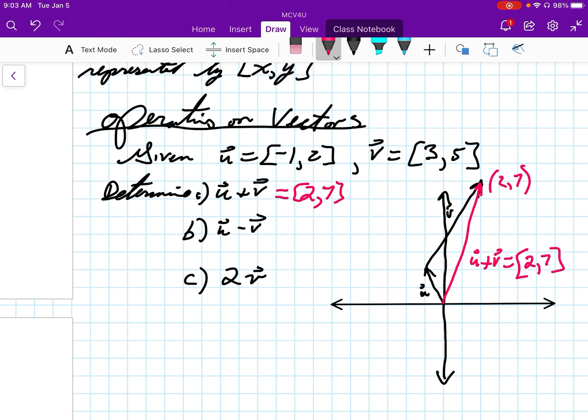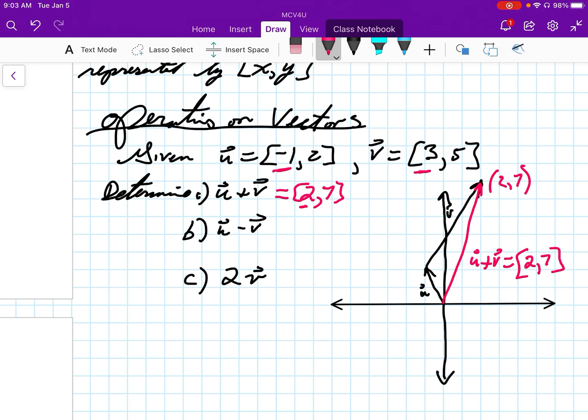All right, so we'll make that change, and now we can take a look at what we've got with the components. How do you combine the x components in order to get the final x component? Hopefully you see that all you do is add the two x components together. -1 plus 3 is 2.